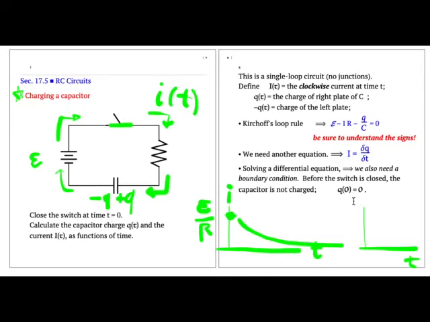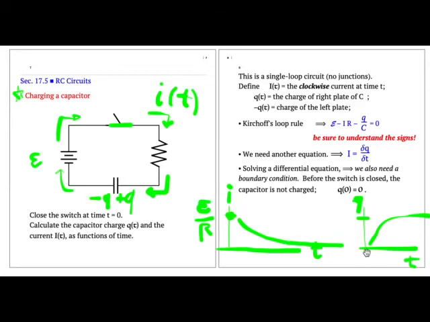The charge Q starts at 0. And then it begins to build up until it reaches a constant when there's no more current. So it will build up and flatten out to some final value.